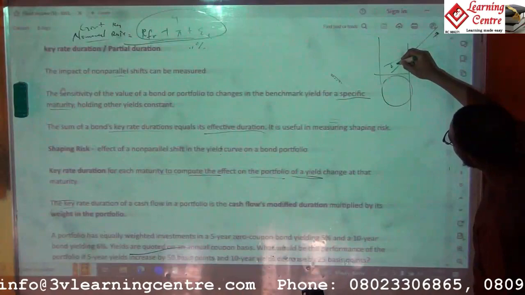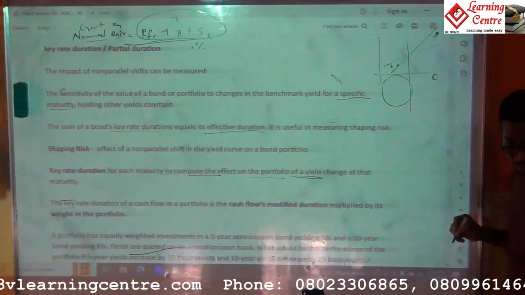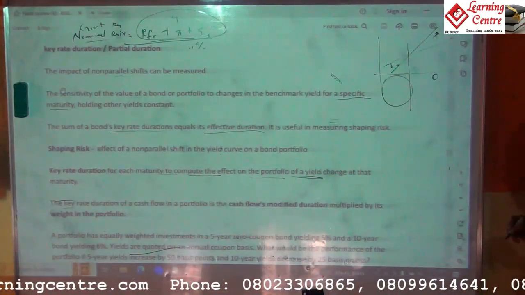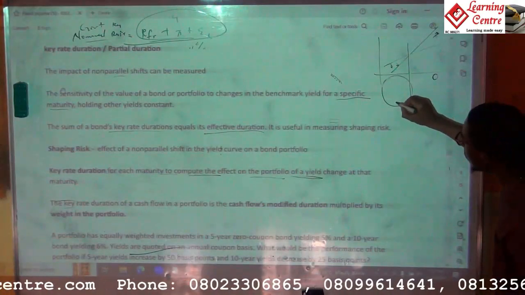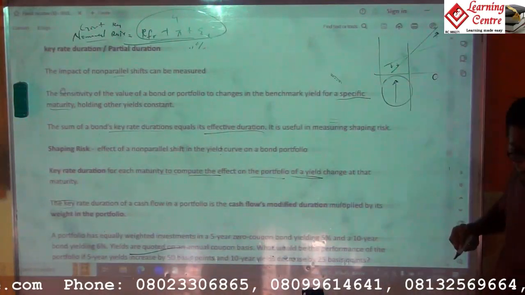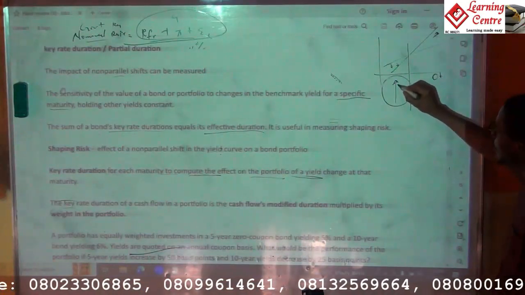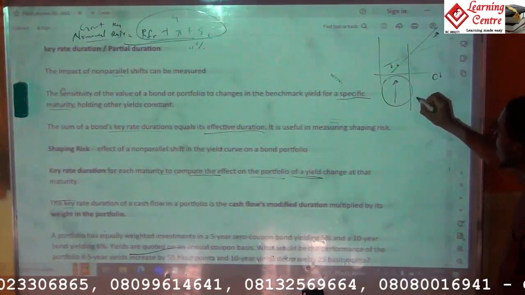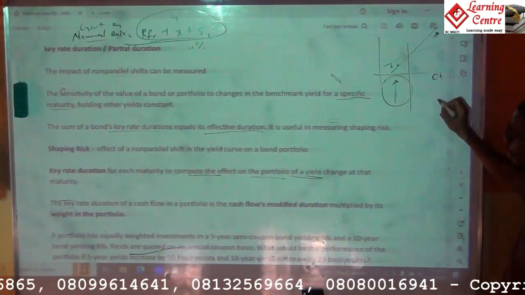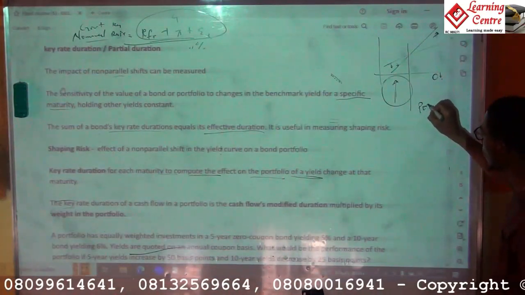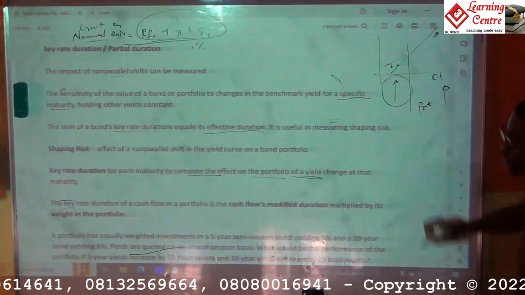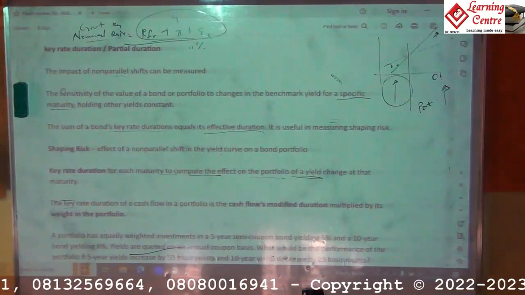Because the shorter end of the curve experiences lower decline in yield, the price of the bond in this place will go up significantly, right? And on this one, the price will go up by a smaller amount. If the price increase in this bond overcompensates for the other, you will find that your entire portfolio value will actually go up. And that's when shaping risk comes to the board.